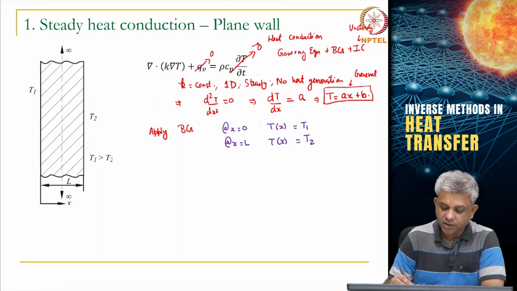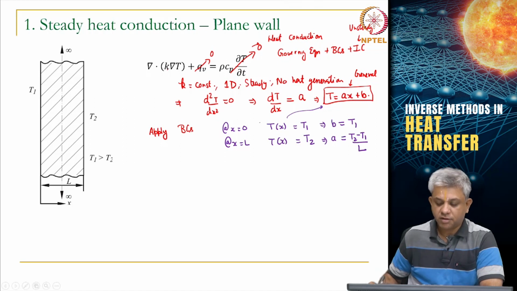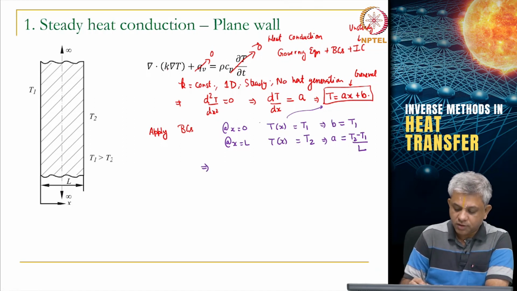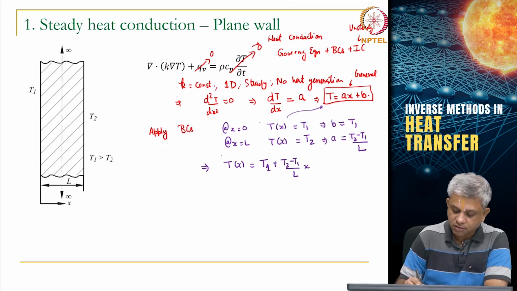If you apply the first condition, this will give you B is T1. Why? When x equal to 0, temperature has to be T1. So B is T1. When you apply the second, you will get A equal to (T2 minus T1) divided by L. So this gives us the solution as T of x is T1 plus (T2 minus T1) by L times x.